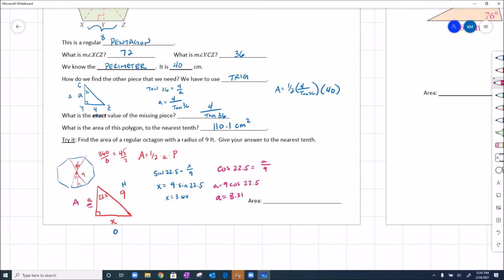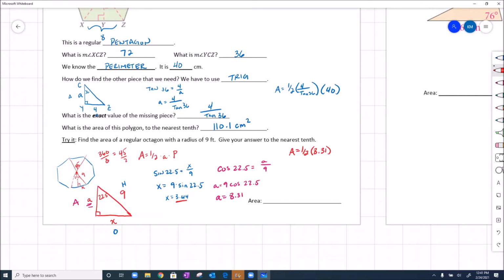Okay, so we have enough information to start to plug in our formula. Area equals 1/2 the apothem, which is 8.31, times our perimeter. Now we haven't found the perimeter yet. Remember we just found X. That's half of one side. So what we have to do is multiply it by 2 to get the whole side.